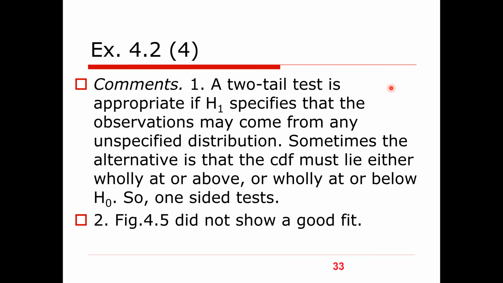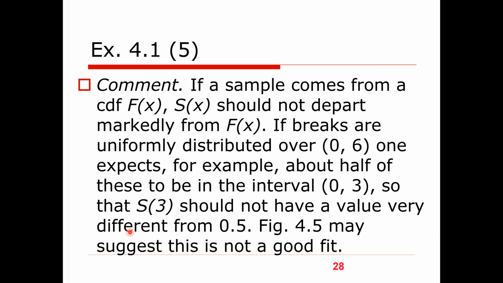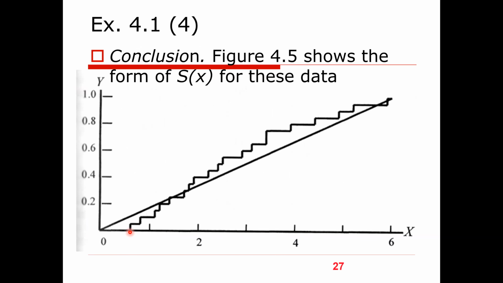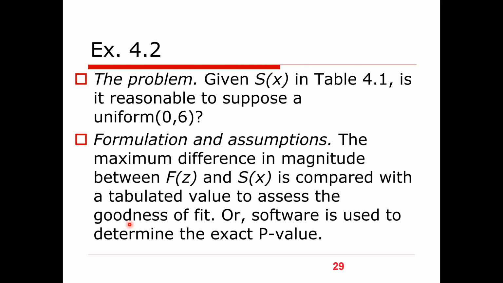Sometimes the alternative to the CDF must either lie wholly above or wholly below, so we can turn to the alternative and get a one-sided test. Then figure 4.5, this figure here, did not show a good fit, although we failed to reject the null. Intuitively this is not quite a good fit, right?